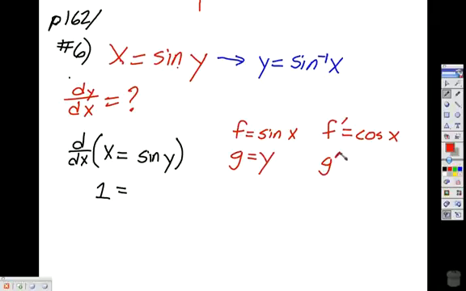G prime, then, is the derivative of whatever y is. Well, we don't know, so we're just going to say it's the derivative of y. Then the chain rule tells us to take f prime of g, so cosine of x with y plugged in for x, in other words, cosine of y, and then take that times g prime, which is dy dx.